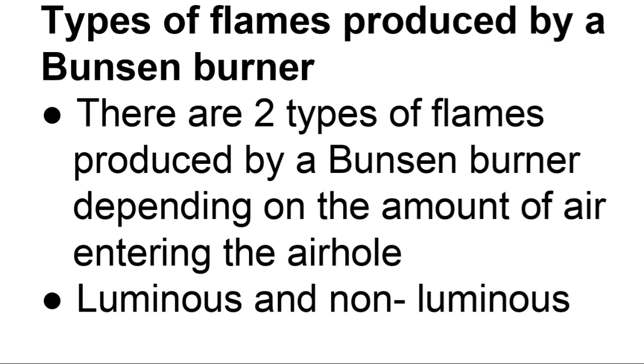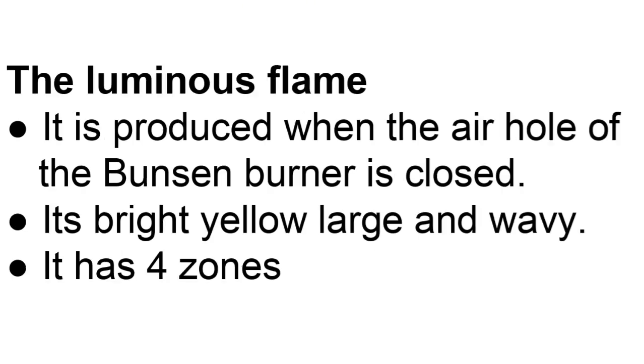Now, let's start by talking about the luminous flame. The luminous flame is produced when the air hole of the Bunsen burner is closed. It is bright yellow, large, and wavy. And it has 4 zones.